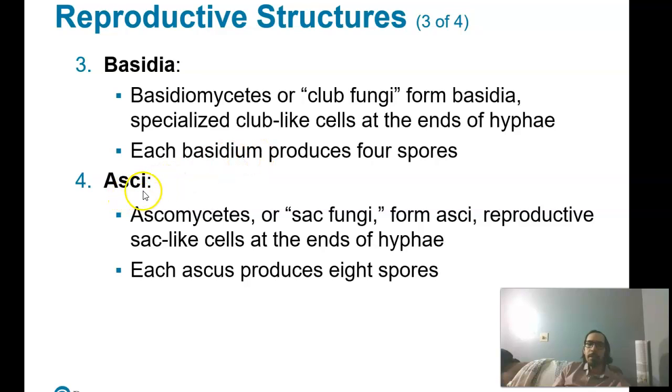Then there's the asci from Ascomycetes or Ascomycota, which are known as the sac fungi. These form the asci, which are reproductive sac-like cells at the ends of the hyphae. Each ascus will produce 8 spores.